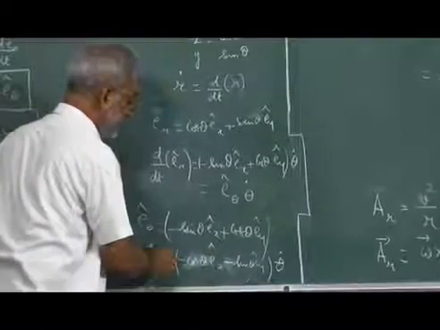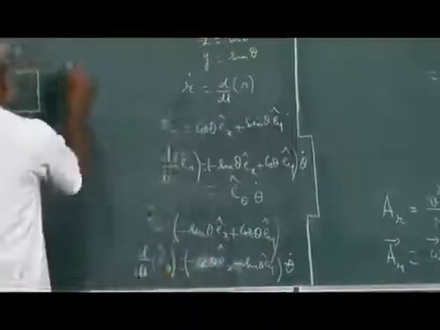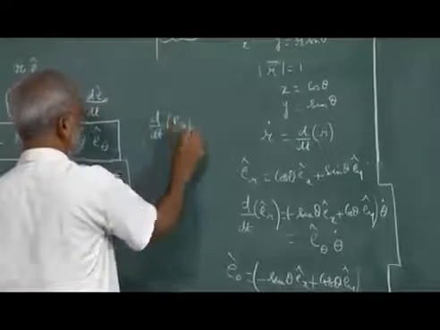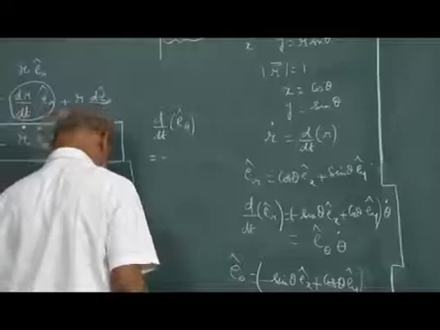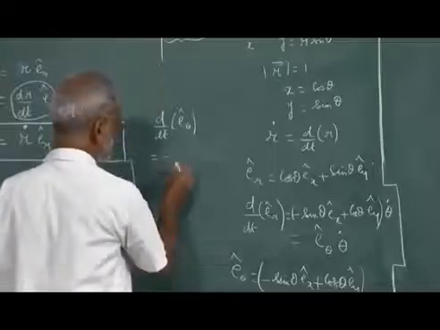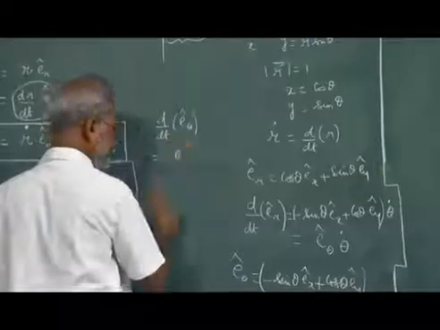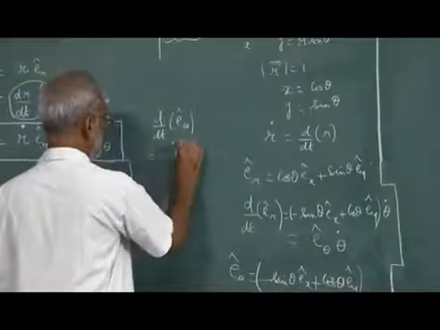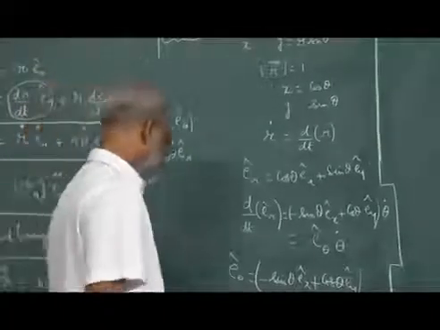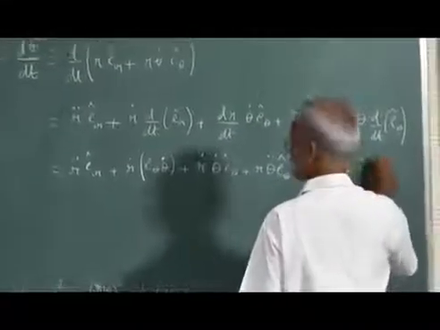If I remove this minus sign, I will have minus of cos theta e_x plus sin theta e_y. Therefore I will have this relationship: d e_theta by dt is equal to minus theta dot e_r.